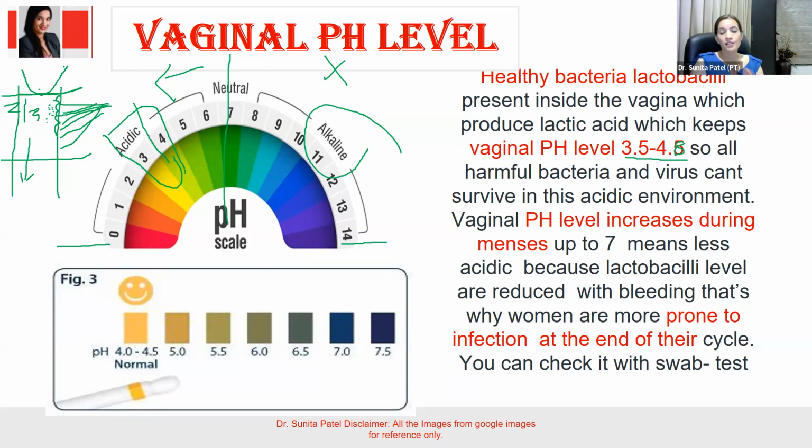So this shift in pH level happens during the periods, and it also happens during the ovulation time period. So these are the two phases in our monthly cycle.